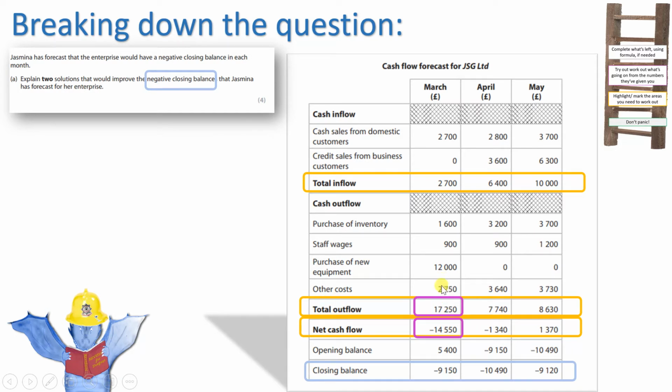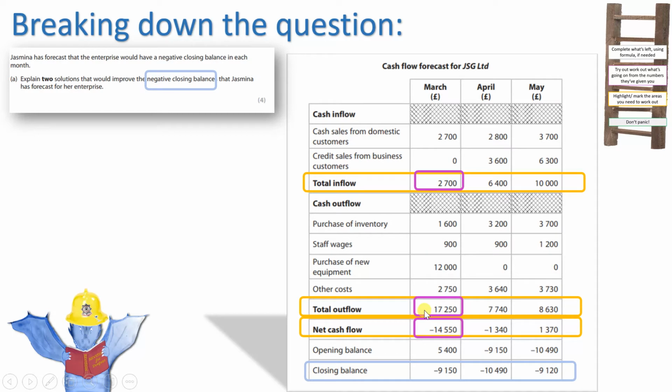As we're dealing with cash flow, we're going to go to inflow next. We've done net cash flow, outflow, and now we're looking at total inflow, and we can now see that's 2,700. So we've got quite a substantially small inflow compared to this expenditure in March, just over 17,000.